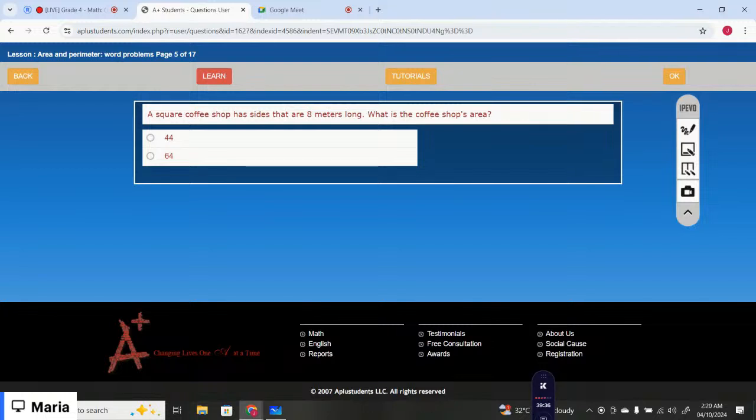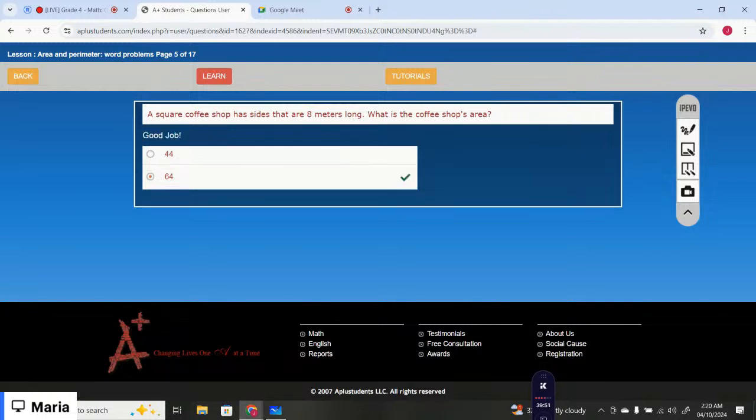That's a square coffee shop, right? Yes, you have to do side times side. So 8 times 8 is 64. Very good. The correct option is 64. Option number 2 is the correct option.